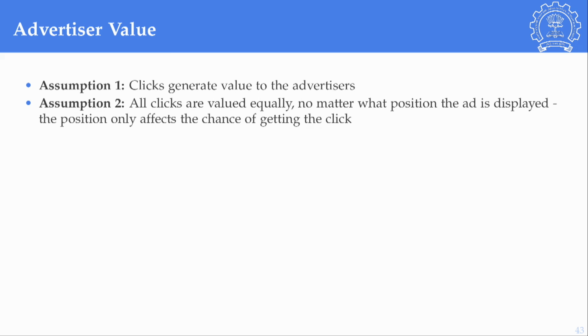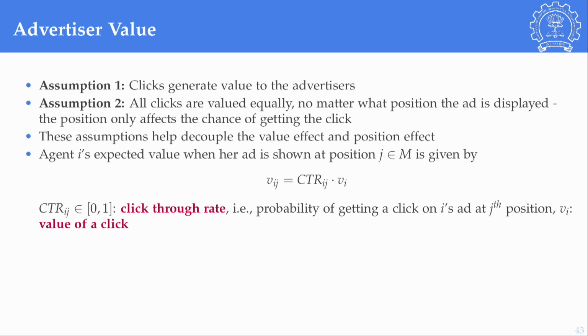So this is essentially to make sure that we come to that model. The valuation of an advertiser when their ad is shown on the jth position is this click through rate, which has a component i and j. But once the click has been received, that you have now gone to that advertiser's web page, whether you will make that purchase or not is completely independent of this process.